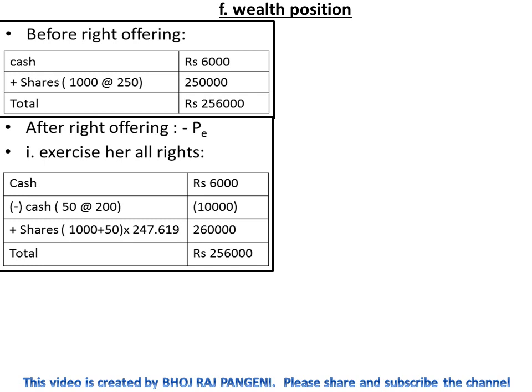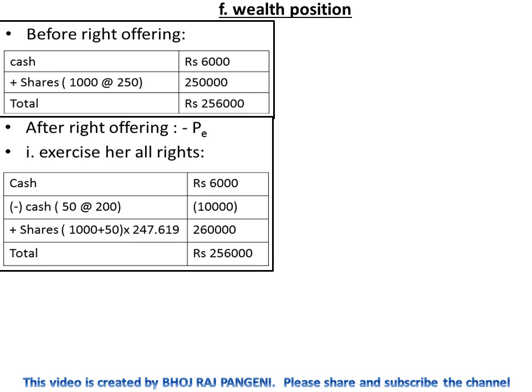So her old cash balance of 6,000 is reduced by 50 times 200, because 50 shares are purchased from the company at rupees 200 per share, the subscription price offered by the company. So 10,000 is deducted because she has to pay.